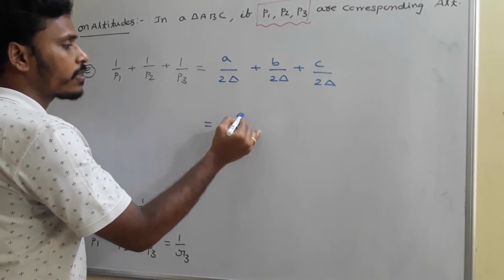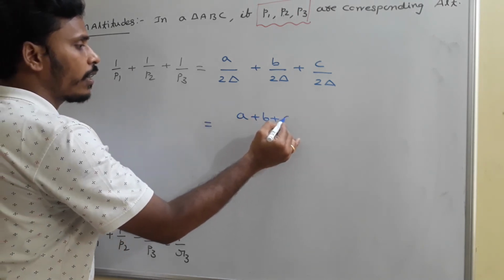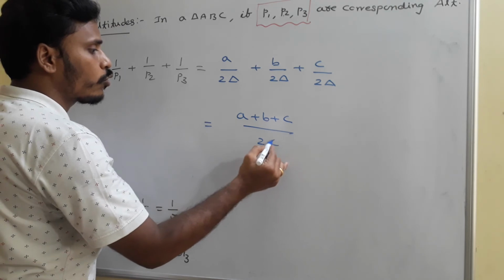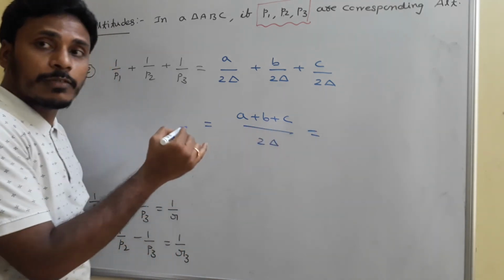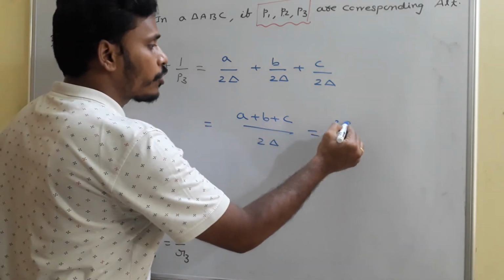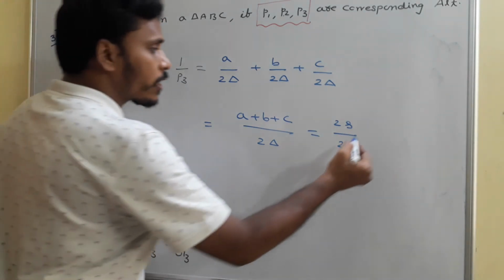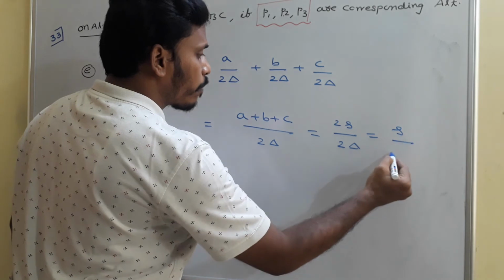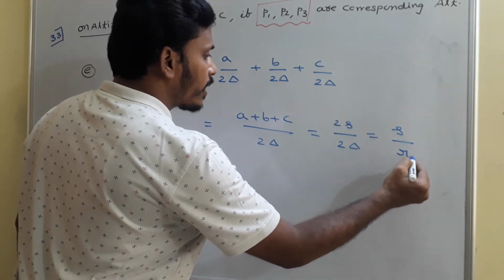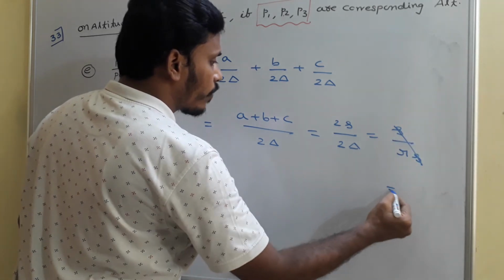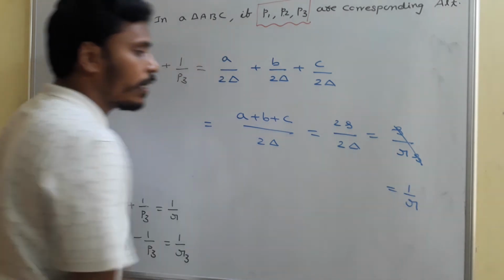Here the denominator is the same, add the numerators: A plus B plus C is the perimeter, which is 2S, divided by 2 delta. If you cancel out that 2, you will get S by delta, and delta is nothing but RS. S and S get cancelled, you are left with 1 by R.